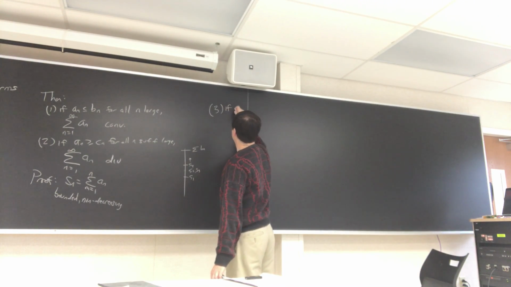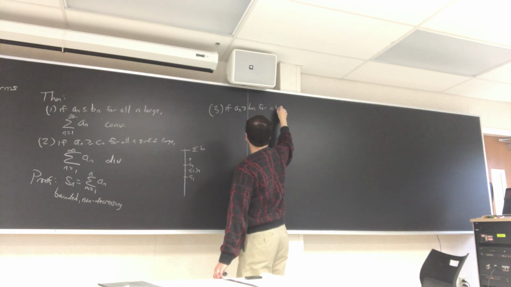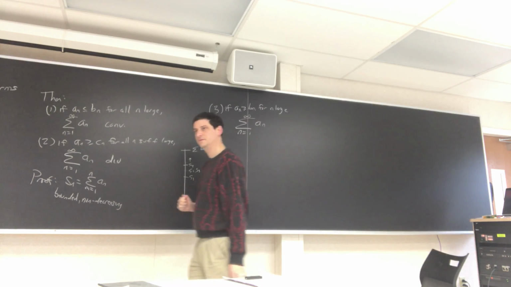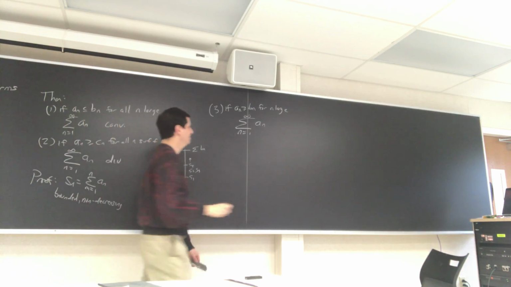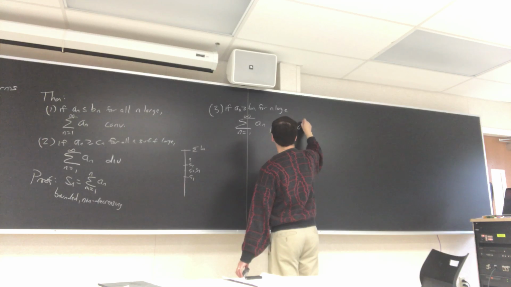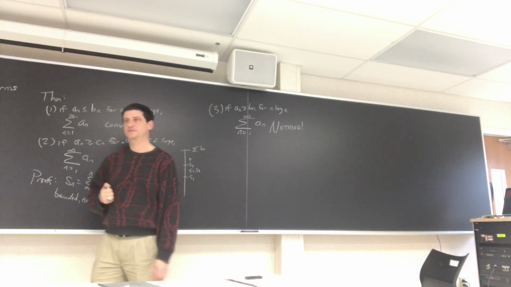Okay. So if A_n is greater than or equal to B_n for n large, then what do we know about the sum from n equals 1 to infinity of A_n? Nothing. Give me an example where it will converge.